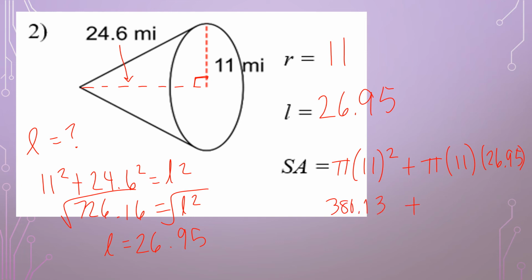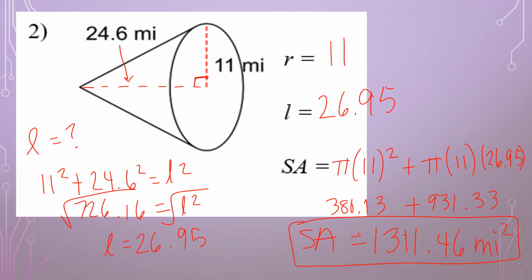And then pi times 11 times 26.95 is 931.33. So add those two together, 380.13 plus 931.33, and we would get the surface area is 1,311.46 miles squared.